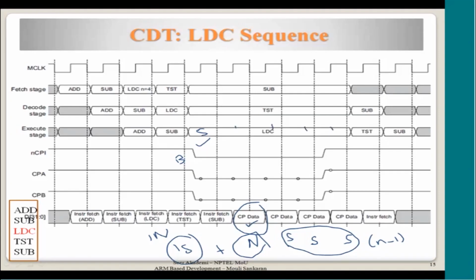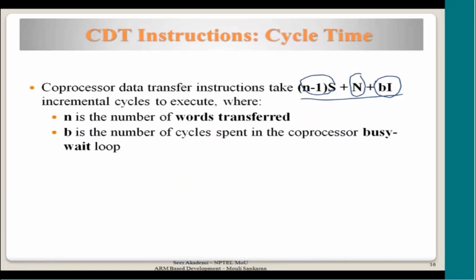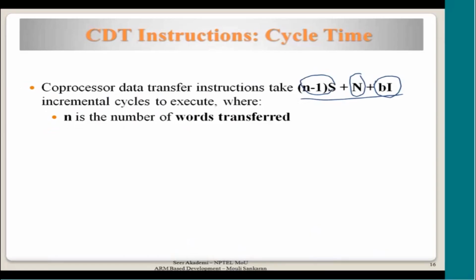How many cycles? 5 are there, right? How many words are transferred? 4 words. So 4 is due to the 4 words transferred, and then plus 1 is here, that is non-sequential. So 3 plus 1, 4 cycles are used by this instruction. So that's why you see this, but this is a data transfer.